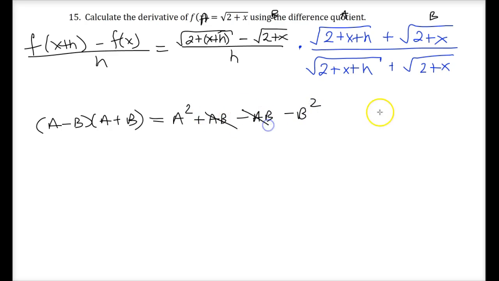These two terms cancel to 0, and we just end up with A squared minus B squared.